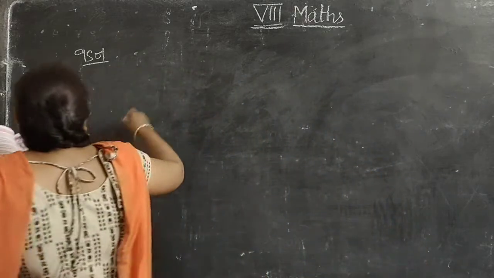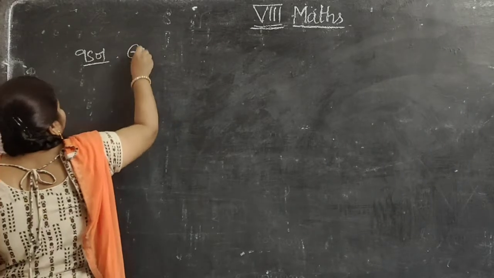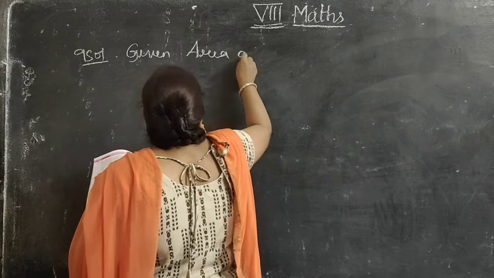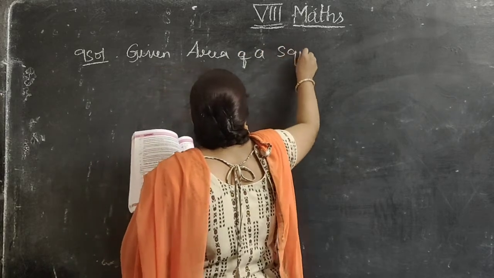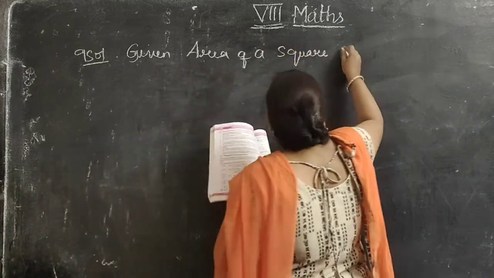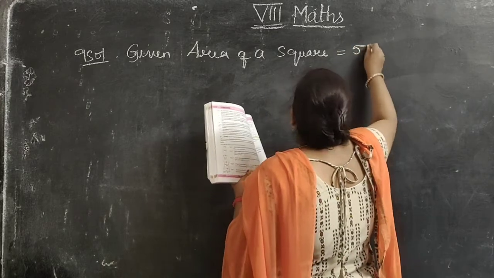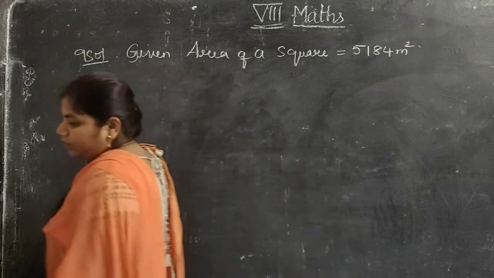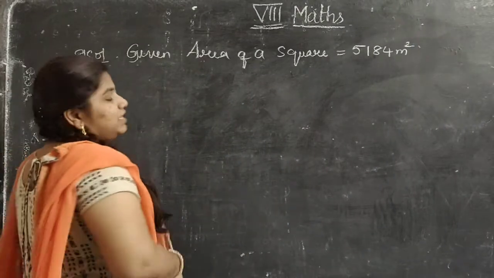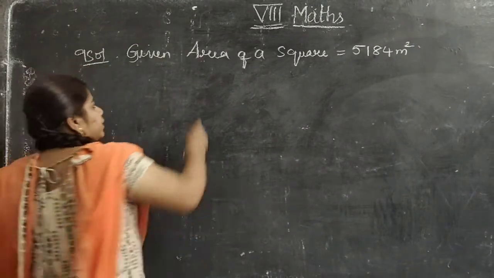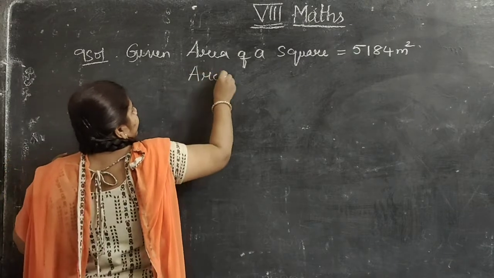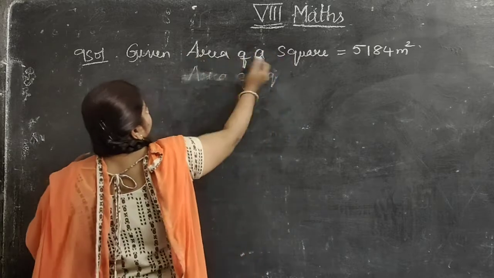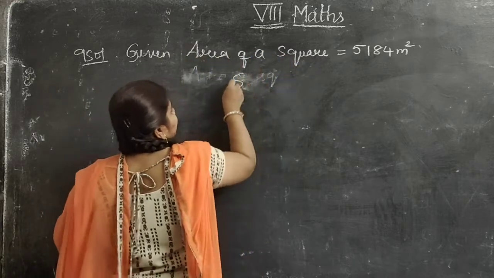So first, what they have given, we will write that. Given: area of a square is 5184 meters square.